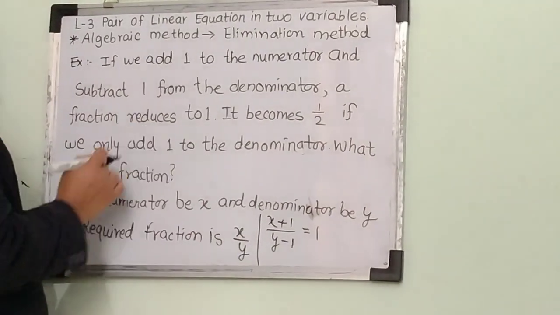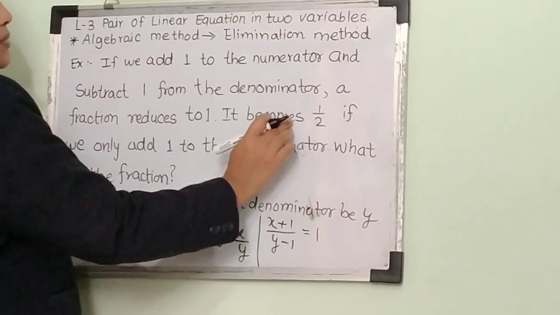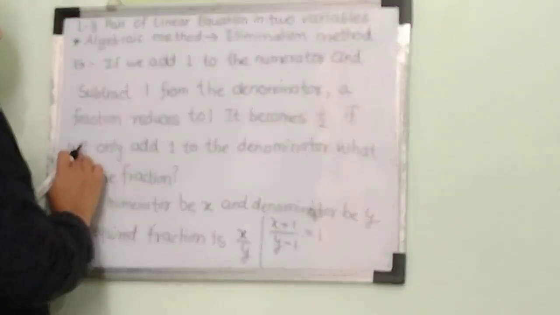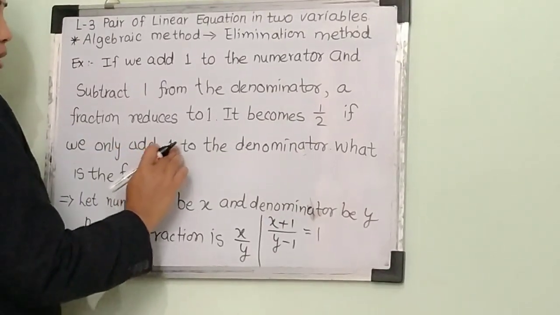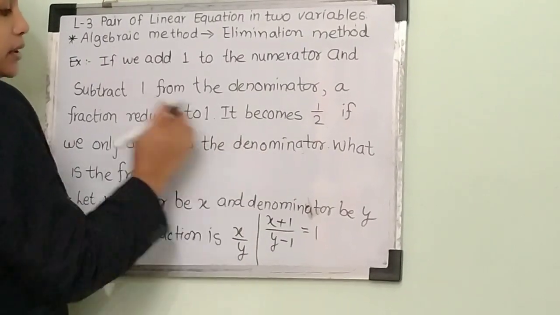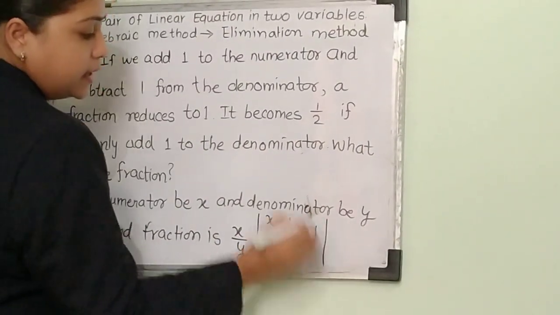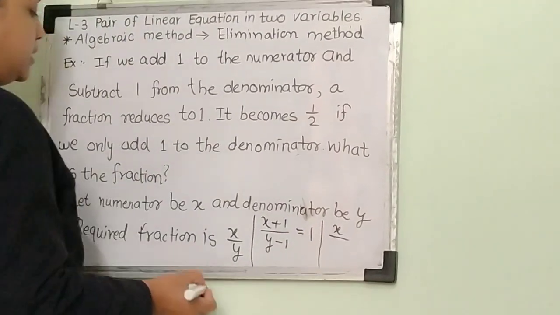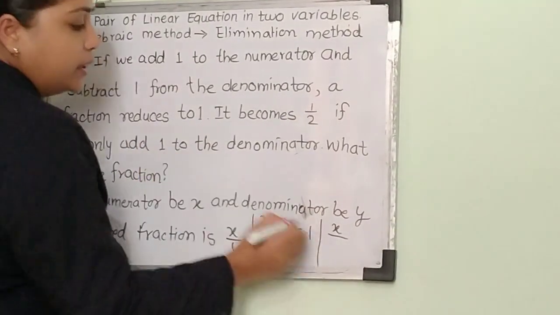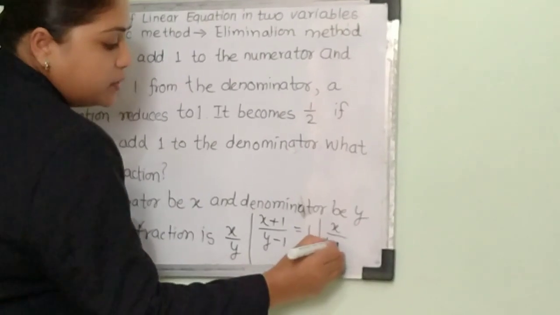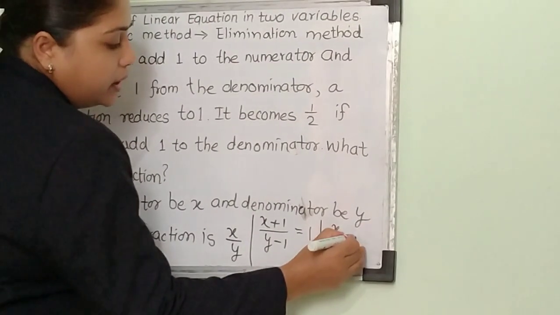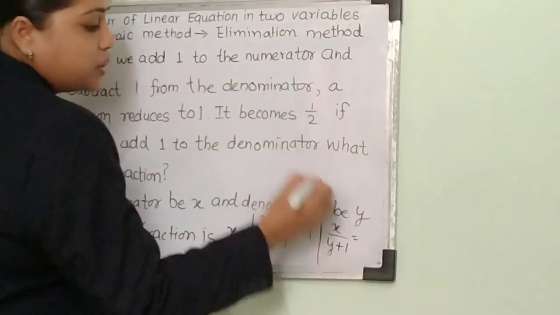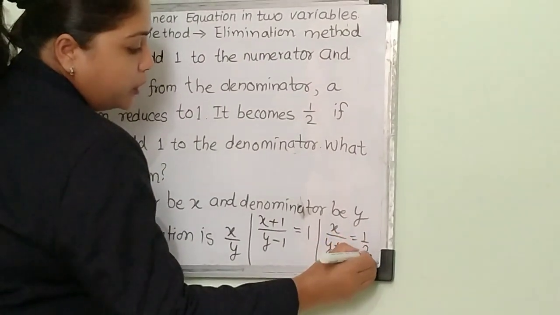And the second condition is: it becomes half if we only add 1 to the denominator. It means the numerator x remains as it is. When we add 1 to the denominator, that is y plus 1, then your fraction becomes 1 upon 2.